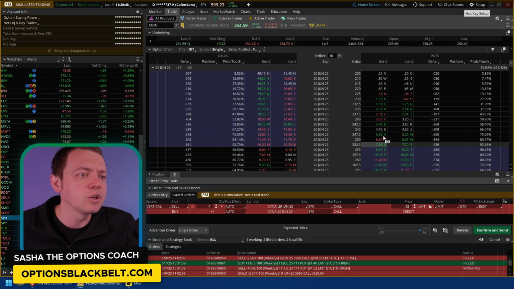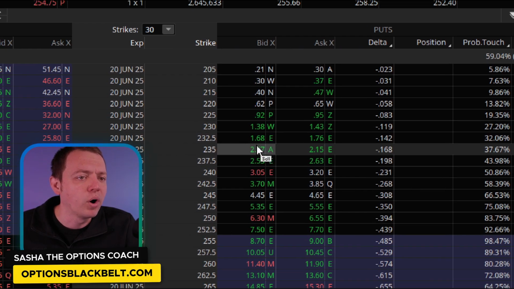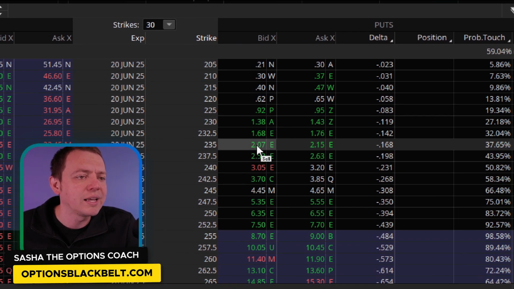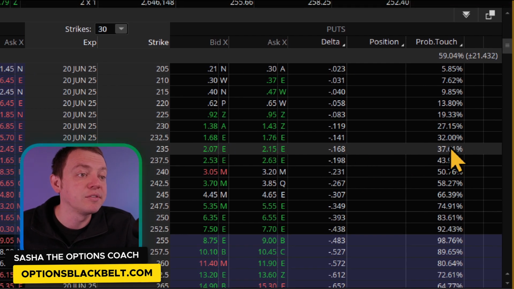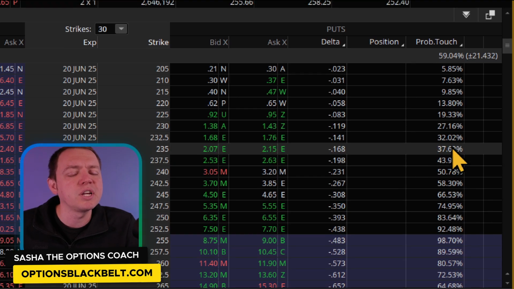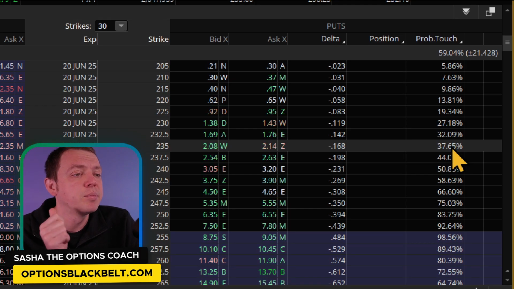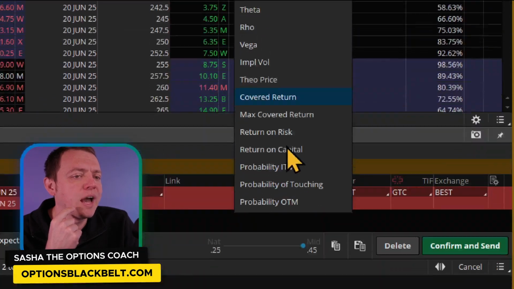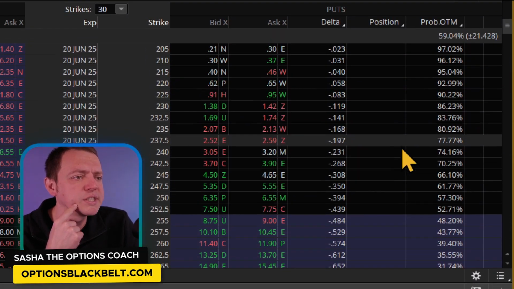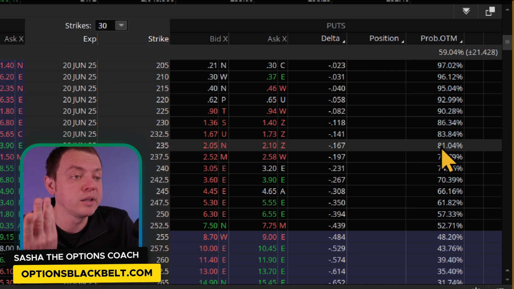So by going closer in, instead of this 210, I might say I want to make $200. I could sell it here, but now my delta is a 16, which means the probability of touching that is about 37%. The expiration is a whole different ballgame, but it's about 37% of touching it. If we look at the probability of out of the money, we still have some pretty good probabilities: 80% expiring probability.